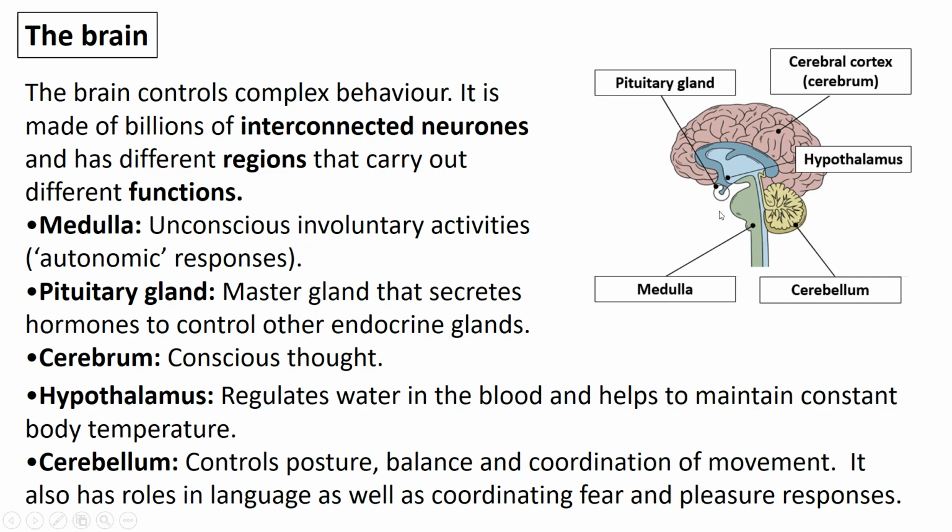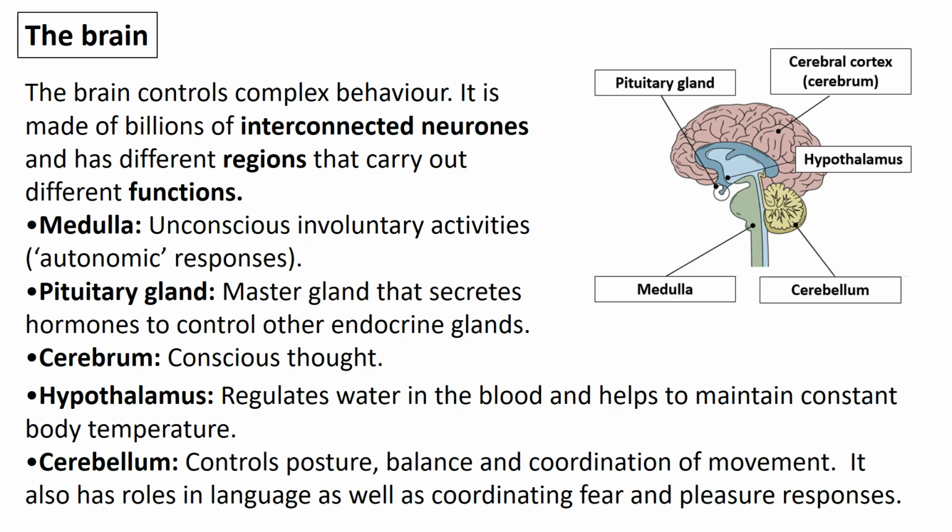And then you've got the pituitary gland, which you should have heard about as being the master endocrine gland. And again, that is in the brain, just there, as you can see circled on the diagram. Then you've got the cerebrum or the cerebral cortex, and that really is about your conscious thought. It's a lot to do with language and all the thinking that you do, and your personality and all of those sorts of things.